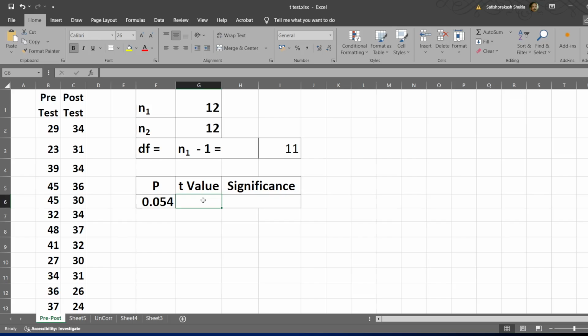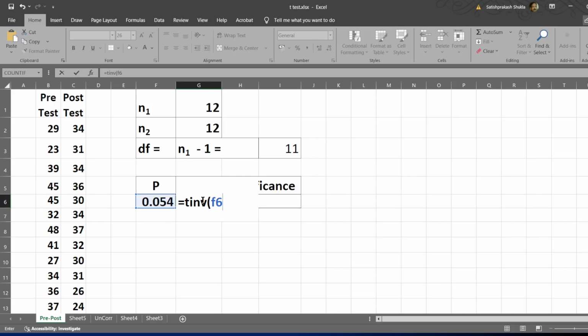For that, the function starts with equal sign, then we write T.INV. Inv means inverse, then bracket, and then we have to write the probability value, which we have already found in F6. So we'll write here F6.